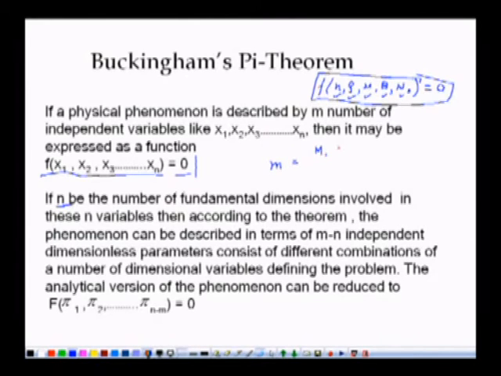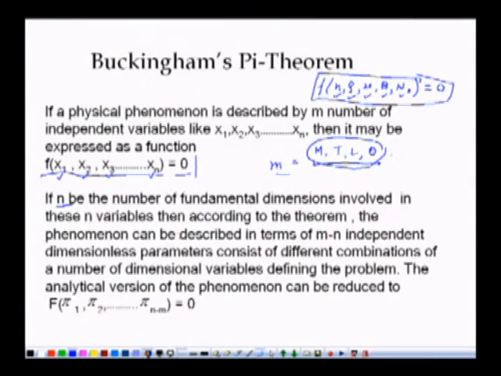Like mass, length, time, theta, etc. Generally, we deal with these 4 only in our fluid mechanics. Generally, these are the fundamental dimensions. So, for these n number of variables x1, x2, x3, xn, we need to describe by 1, 2, 3, 4. Let us say 4, or it may be 2, it may be 3, it may be 1.